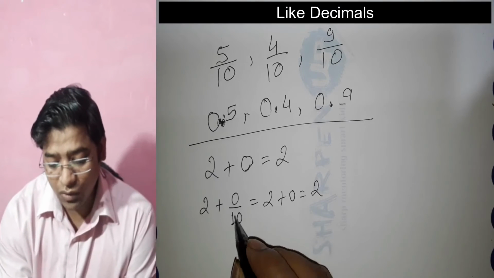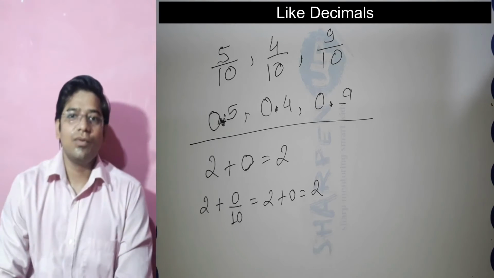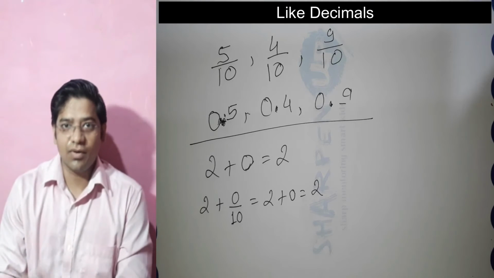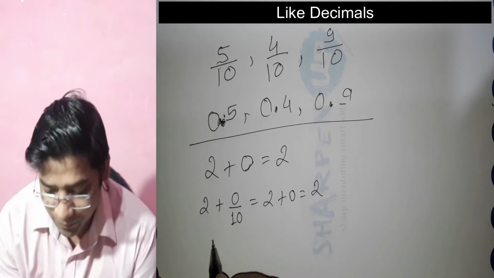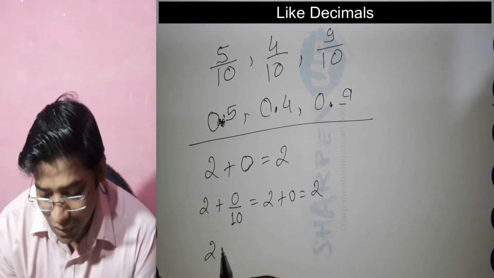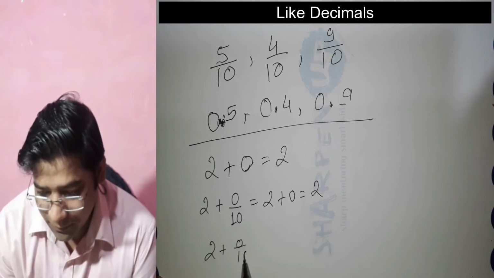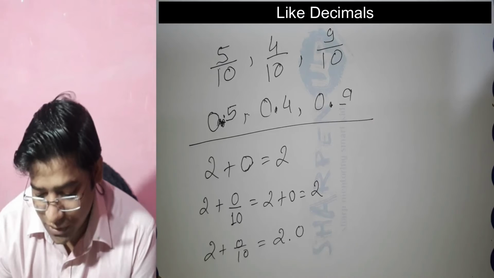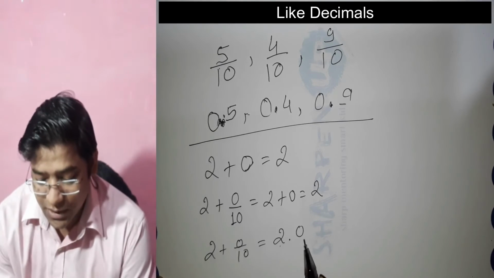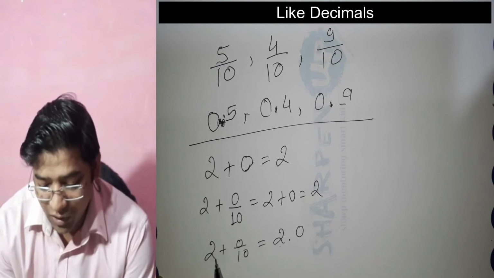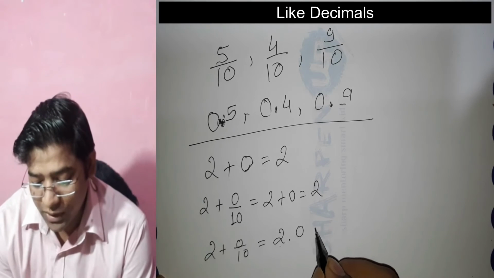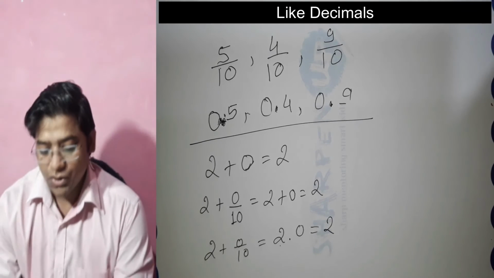But if you don't want to write 0 upon 10 as 0 and want to write it in decimal form, you can write 2 plus 0 upon 10 as 2.0. We know the value of 2 plus 0 upon 10 is 2, so 2.0 is again 2.